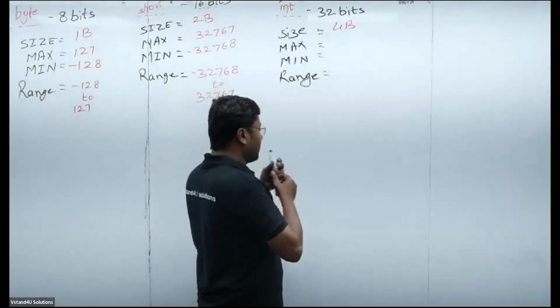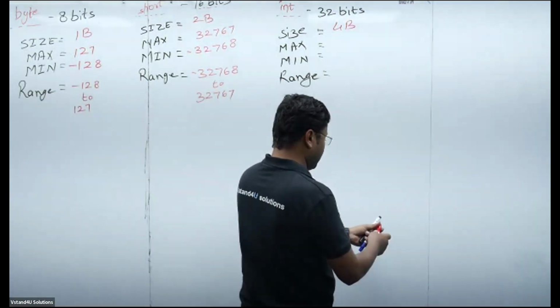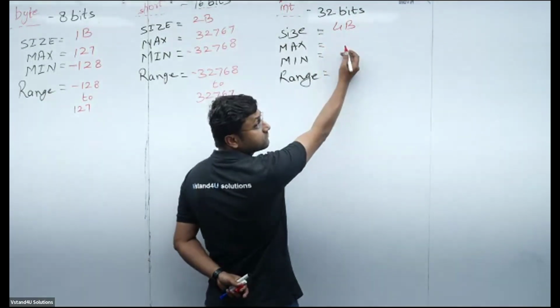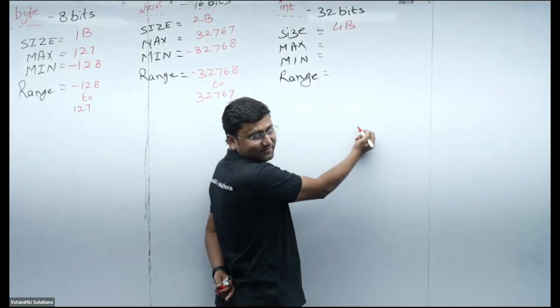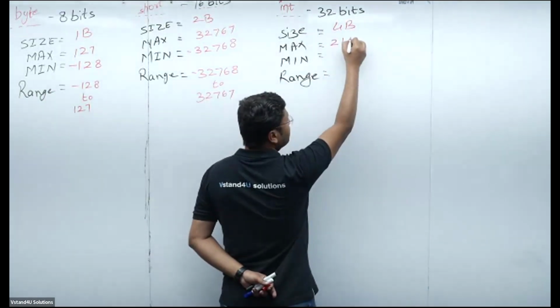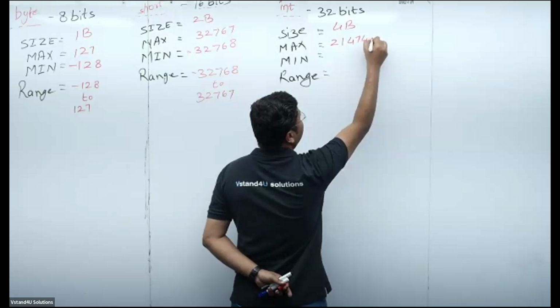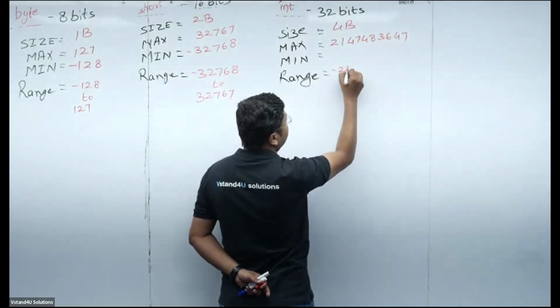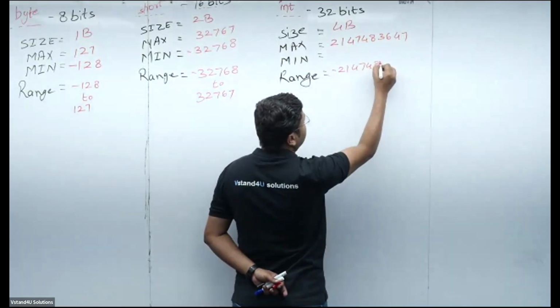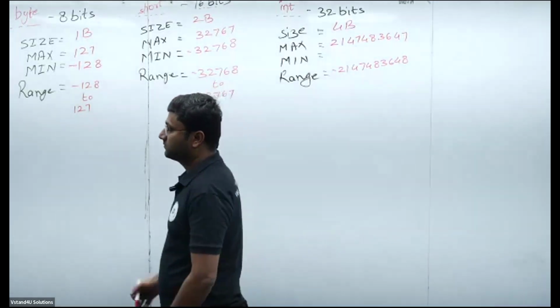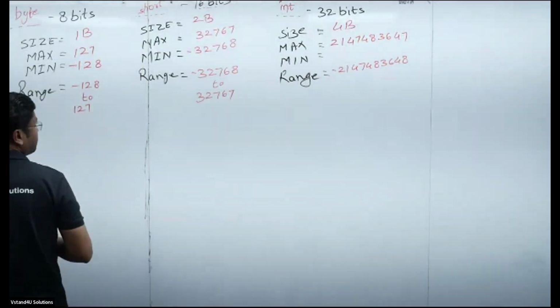If you want to write down the number also, remember what the number is. Easy, it's a small number: 2147483647, minus 2147483648. Oh, sorry.